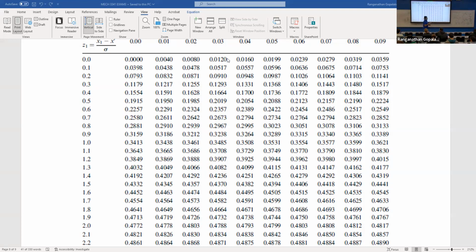Look at this table and evaluate -1 to +1 for me. I want you to evaluate the integral from -1 to +1 of 1 over square root of 2 pi, exponent of minus beta squared over 2 d beta, from the table.